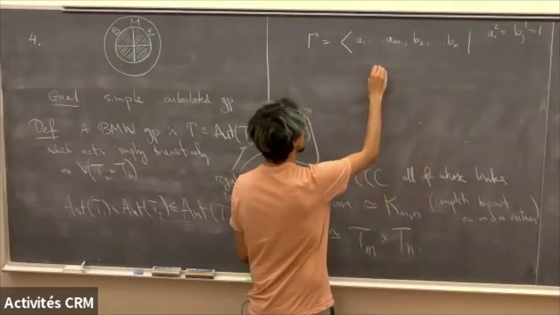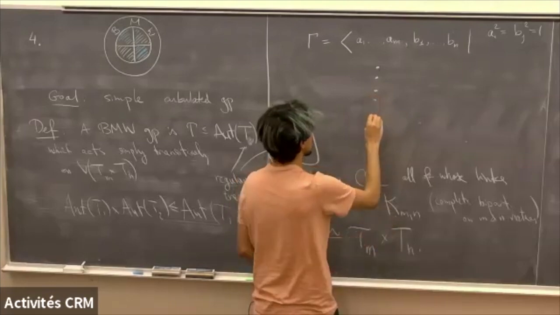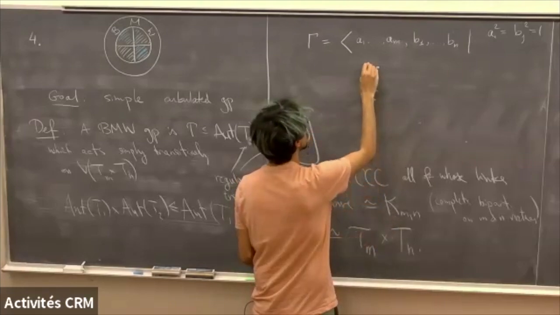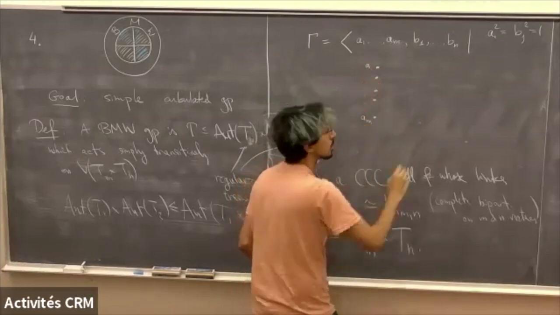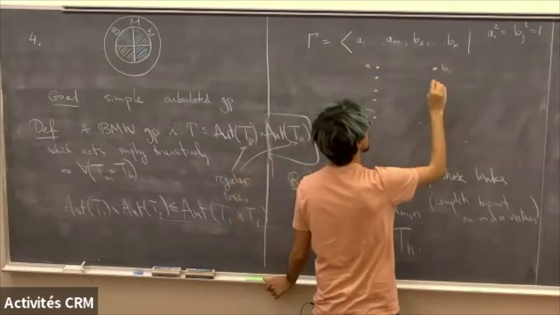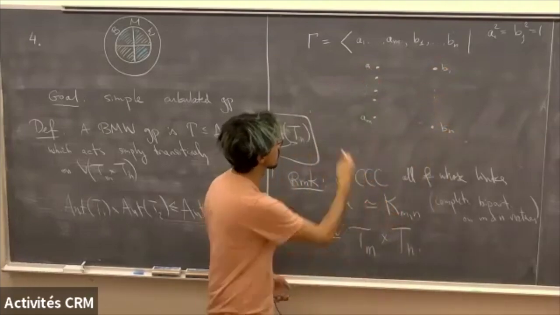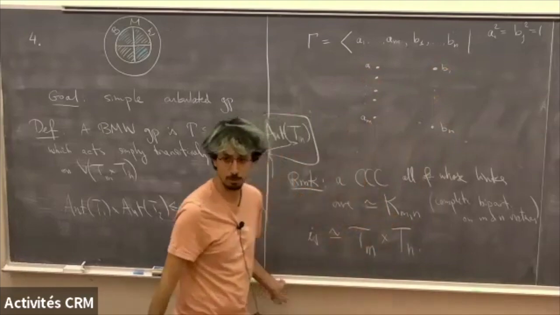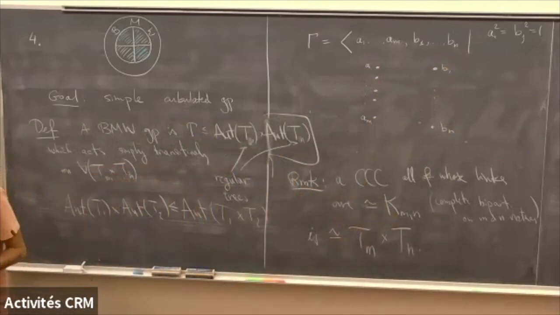The way to do that is you just think of this K_{M,N}. Here I call the vertices A1 up to AM, and on this side I call them B1 up to Bn. K_{M,N} just connects all the vertices from left to right, and I want to see all the edges in the link.